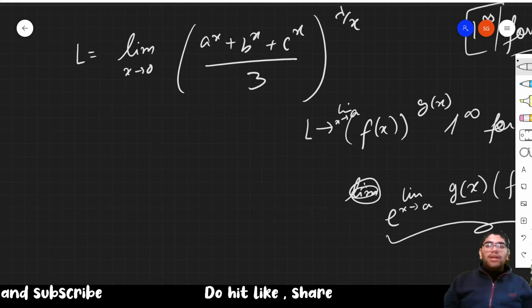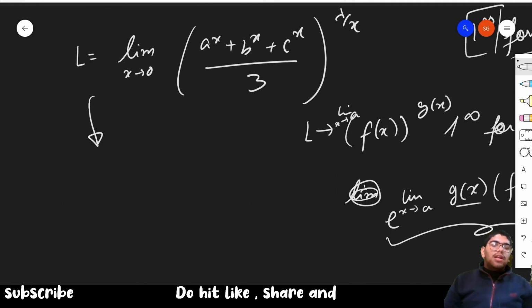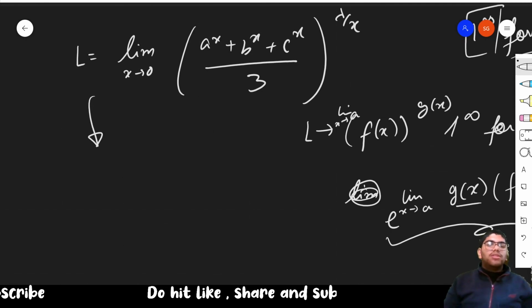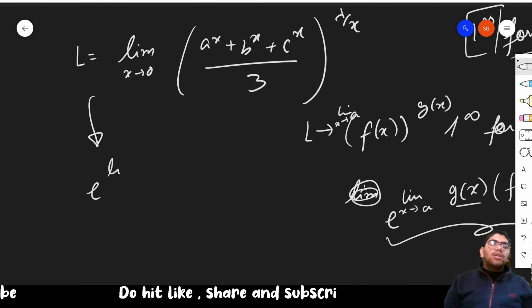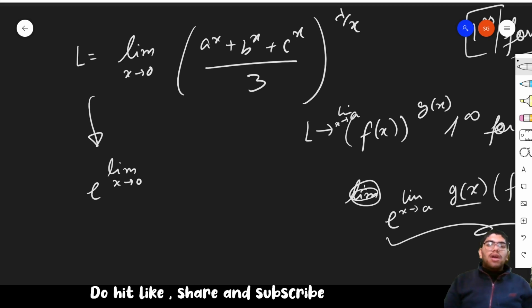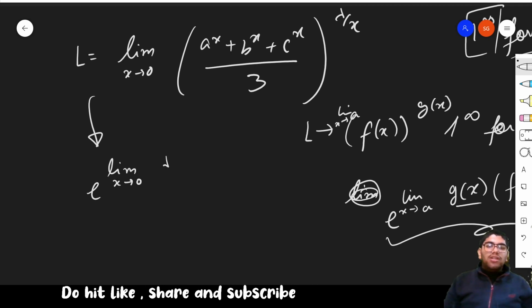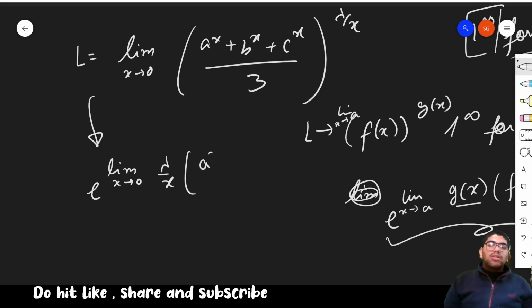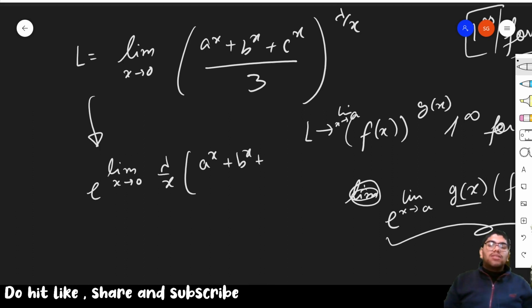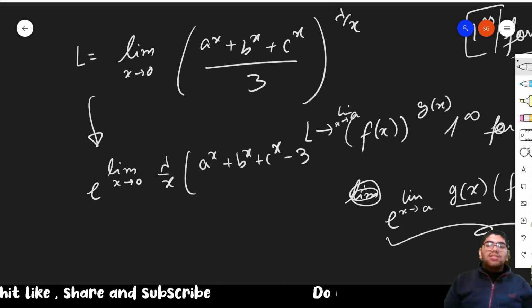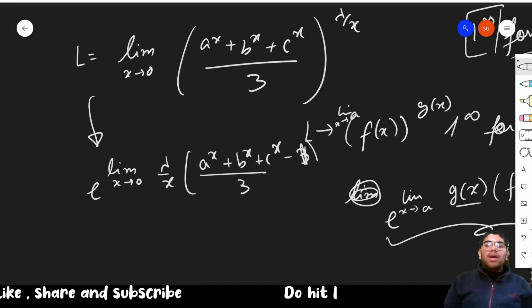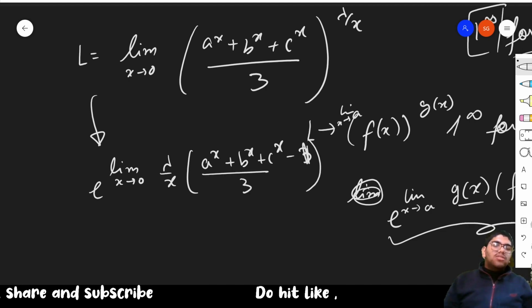Let me show you how it actually happens. So this limit will reduce to e power limit x tending to 0 of g of x times f of x minus 1. So a power x plus b power x plus c power x by 3 minus 1. Let me solve this expression.